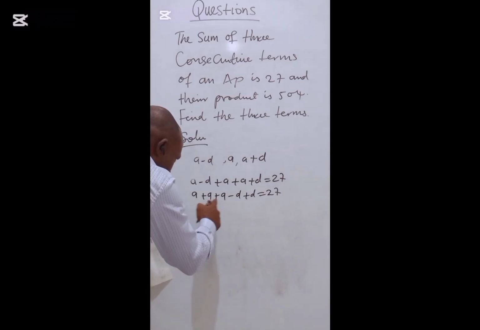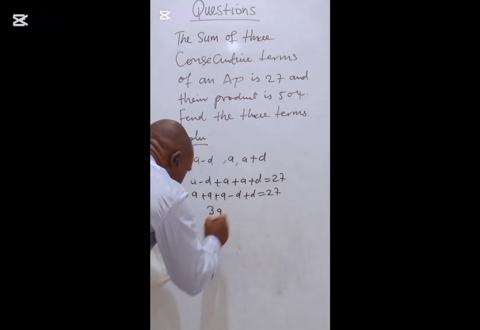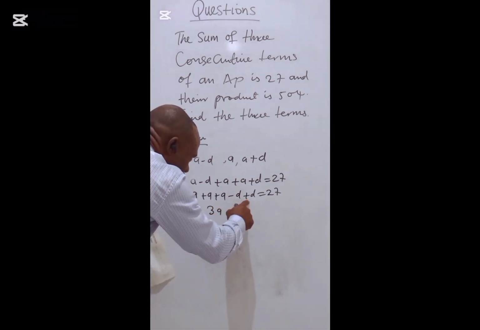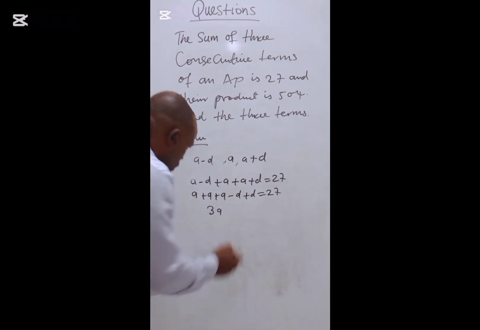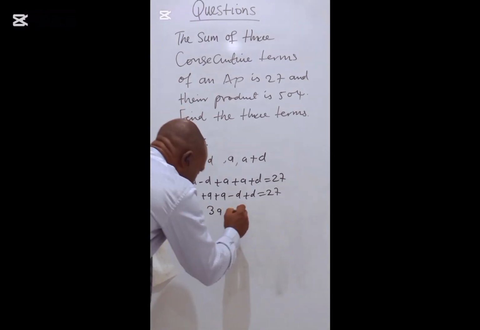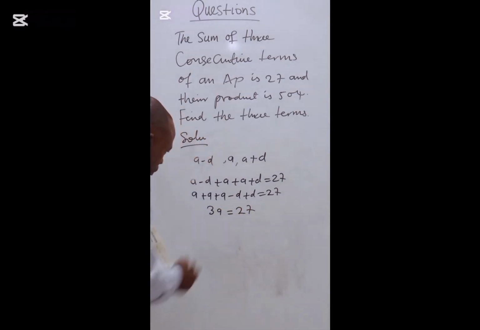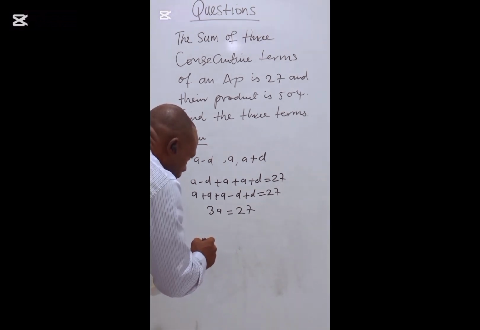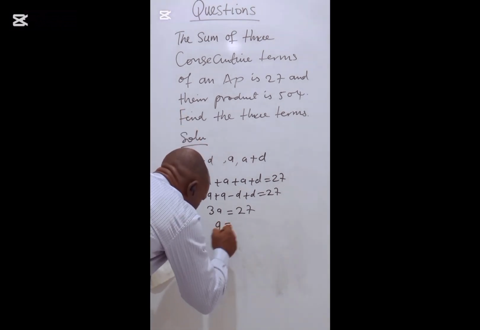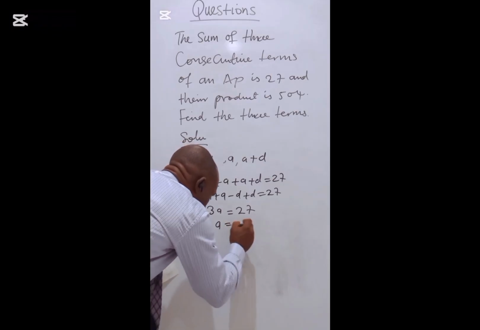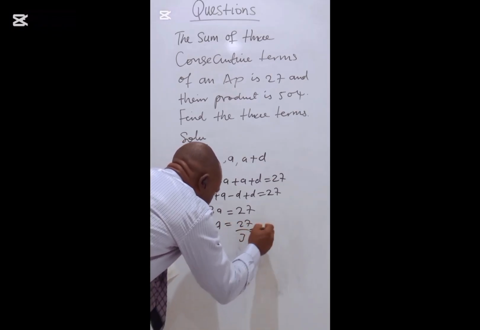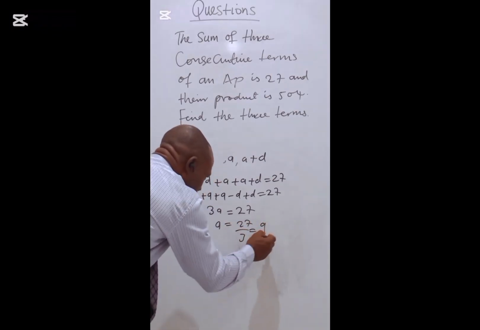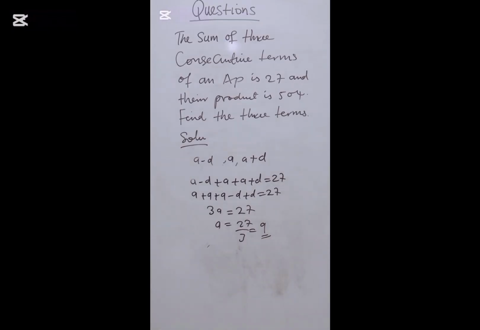So A plus A plus A is 3A, minus D plus D is 0. Therefore, 3A is equal to 27. A, therefore, is equal to 27 over 3, which is equal to 9. So the value of A is equal to 9.